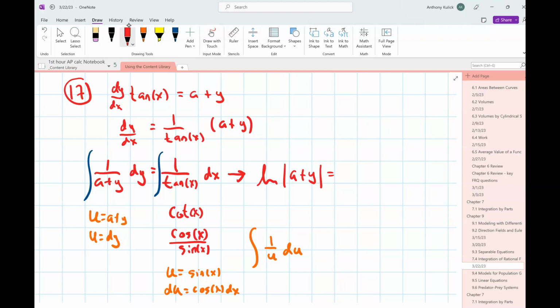Yeah, I did a lot of stuff there, that's why I was pausing. Yeah, that makes sense. So again, that's just a natural log rule. So it'll be the natural log of u, and then I have my plus c tacked on.